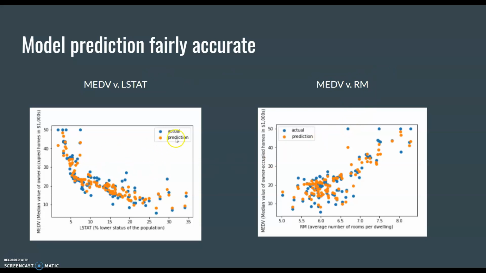And as you can see, the blue is the actual data, and the orange is the prediction data. And I think the prediction data closely follows the actual data. So the algorithm did a good job of learning from these different variables and identifying the correlation.